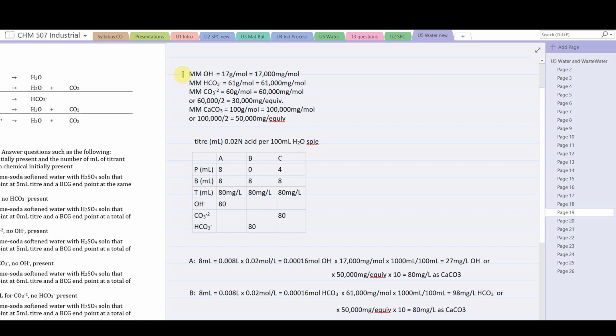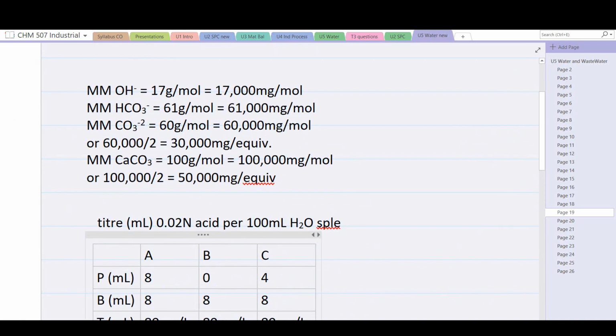Here's an example that I think will help you understand how alkalinity is reported and why it's reported the way it is. So the molar mass of hydroxide is 17 grams per mole, or 17,000 milligrams per mole. The molar mass of bicarbonate is 61 grams per mole, or 61,000 milligrams per mole.